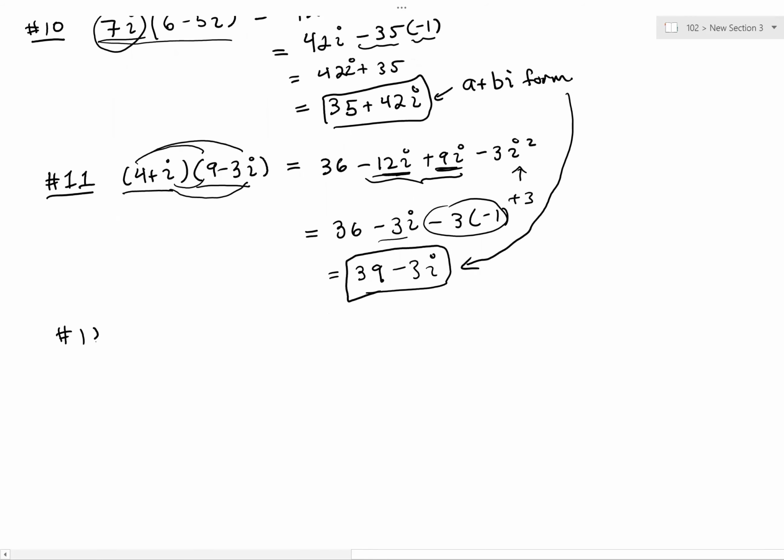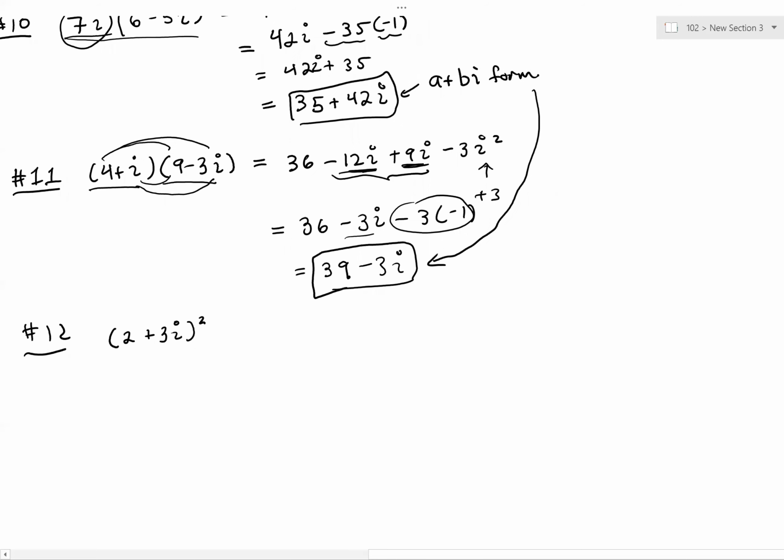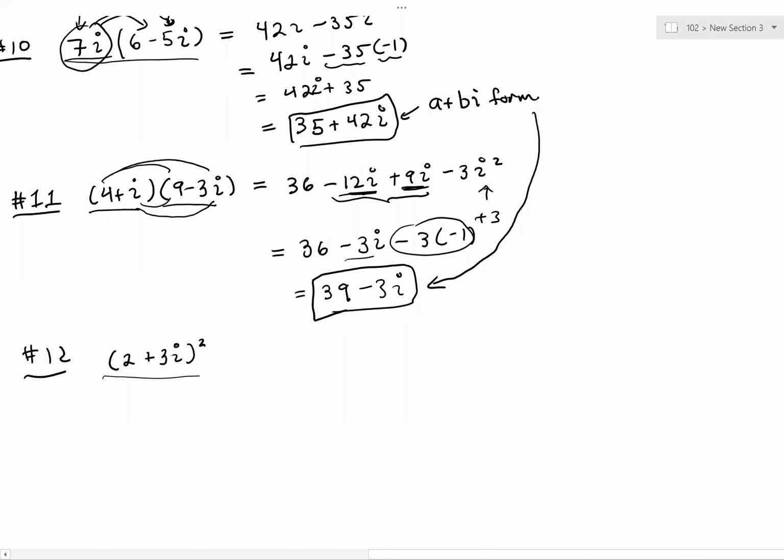One more example on here. This is number 12. We're figuring out the simplified expression for 2 plus 3i, quantity squared. So remember, when you're squaring a binomial, it means to multiply that expression by itself.